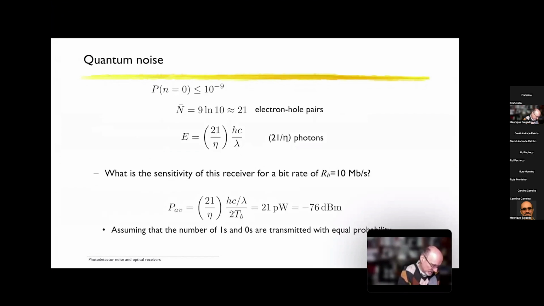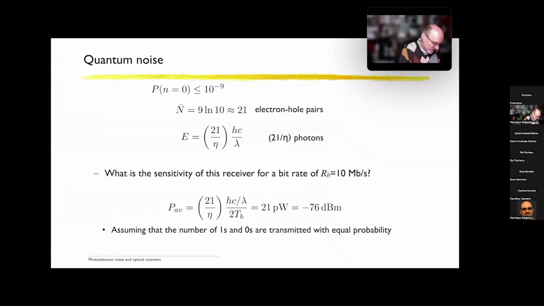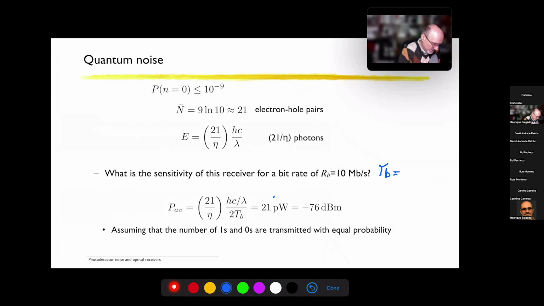Yes, I was saying that the bit period is 1 over the bit rate, which is 1 over 10 to the 6, which is 0.1 microseconds.